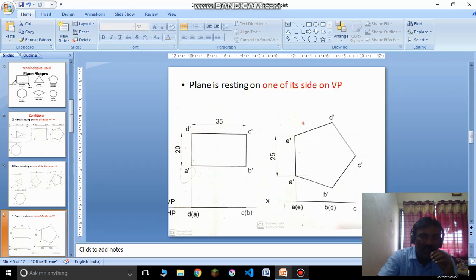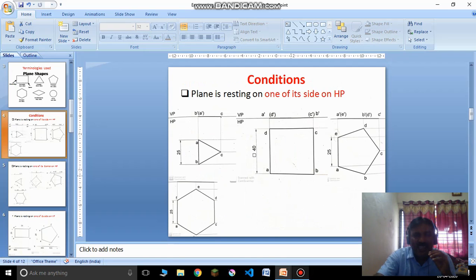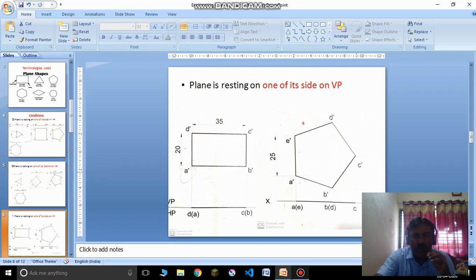Suppose I take the example of this rectangle, where A dash D dash is perpendicular to HP, that is, perpendicular to the XY line. You can see it is exactly the reverse of the earlier case. The object will be here and this line will be visible on the XY line. Here is a pentagon. This is the side, again perpendicular to HP, that is, perpendicular to the XY line.